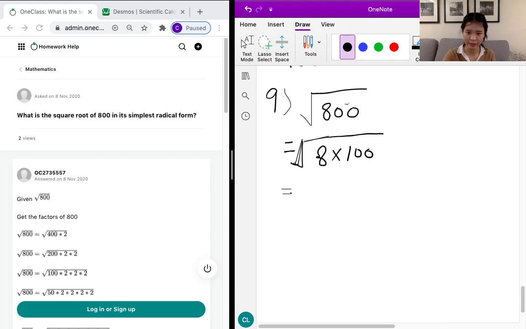So in this case, we can do it the simpler way. We just separate it into root 8 and root 100. As we talked about, the square root of 100 is just 10. So this is equal to 10 root 8.